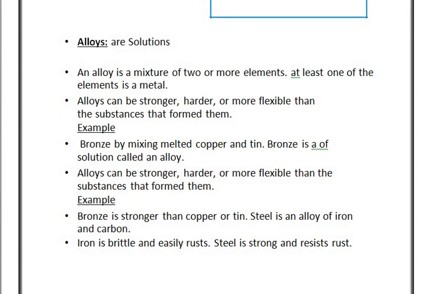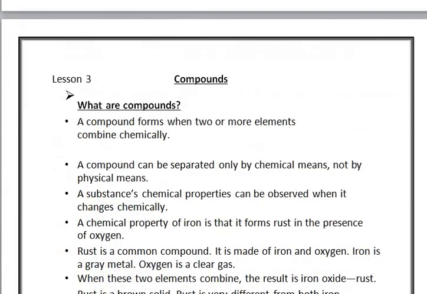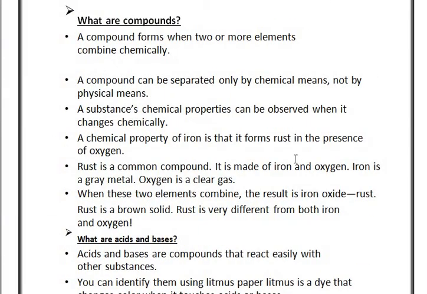And let's move to the last part in our quarter, which is the compound. What is the compound? Actually, the compound can be formed when two or more elements are combined with each other chemically, which means they made a chemical reaction to form a compound, which means an element will combine chemically or react with another element chemically.